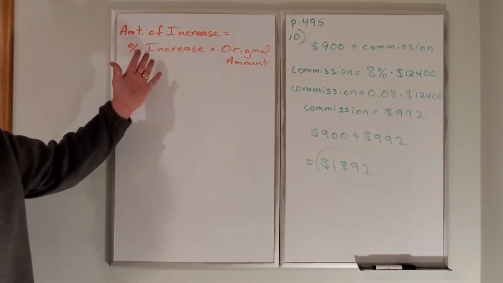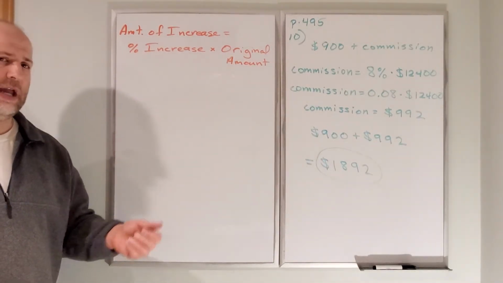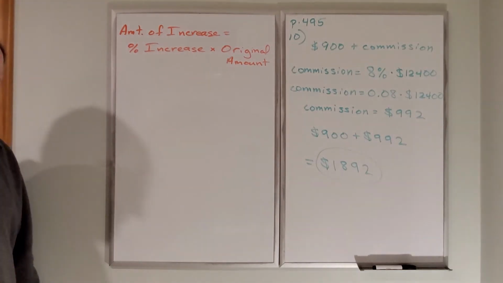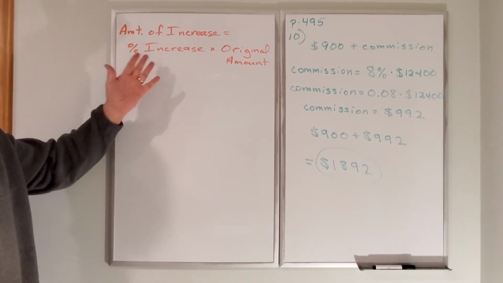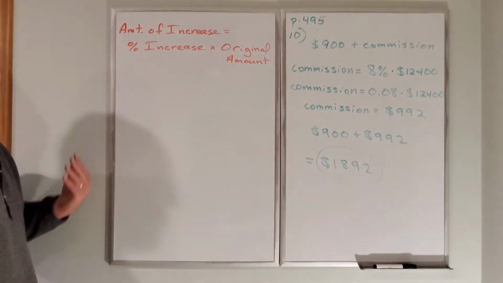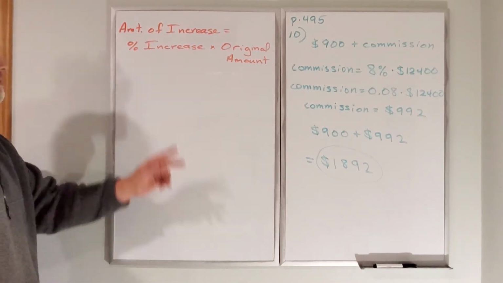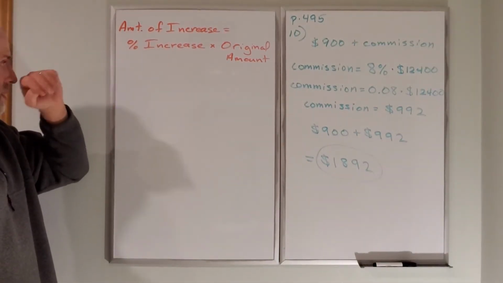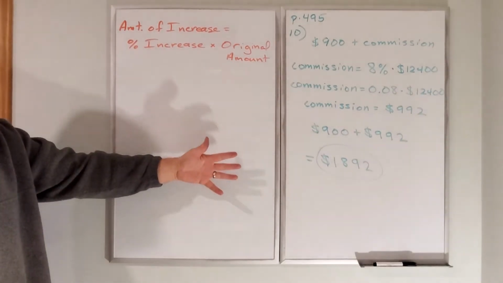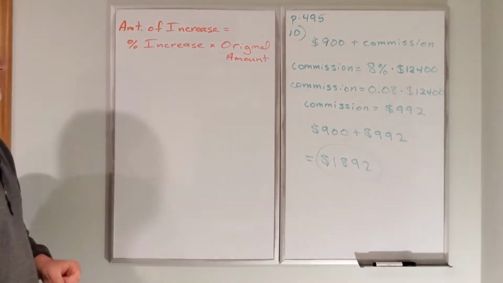This is basically what we used in problem 38 in section 8.7, back on page 41, I think. We basically used this to calculate that amount of 20% increase, but we had to add it back to the original amount as well to get the full new amount. This relationship here just gives you the amount of increase. It doesn't give you the increased amount, if you will. It just gives you the amount of increase.